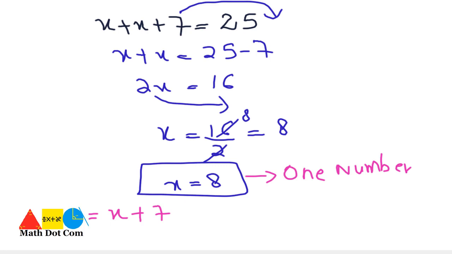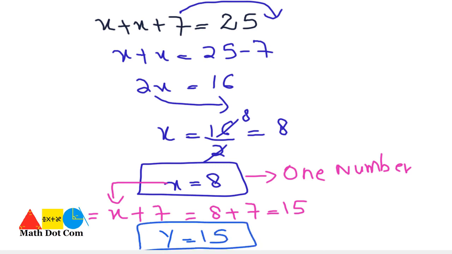Now we will substitute the value of x here and write 8 plus 7 equals 15. So y is equal to 15. This is y equals 15, the other number.